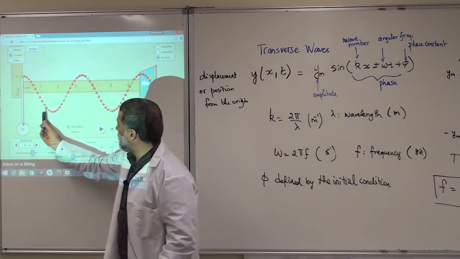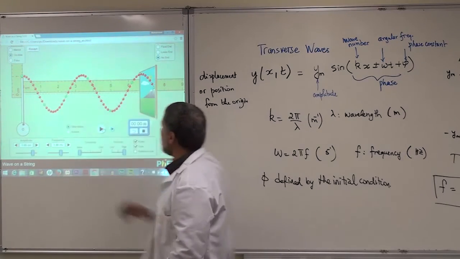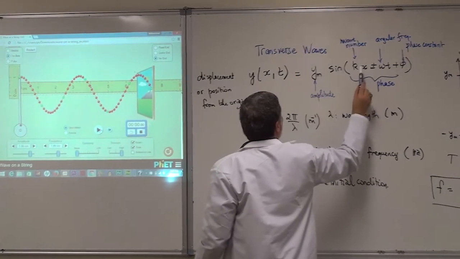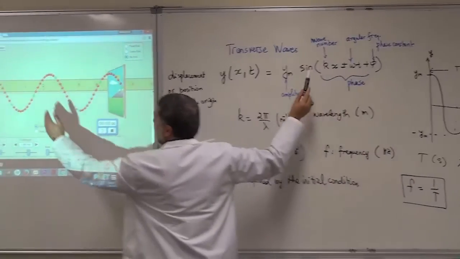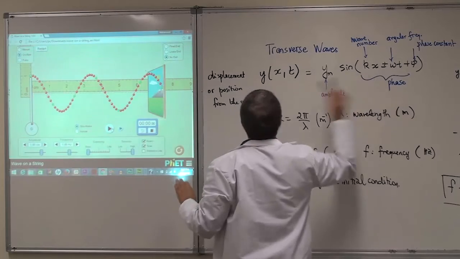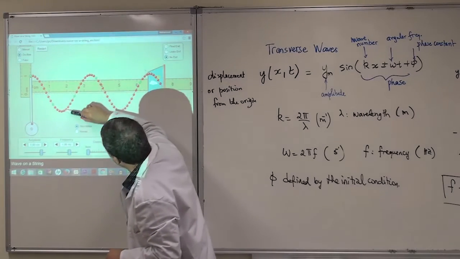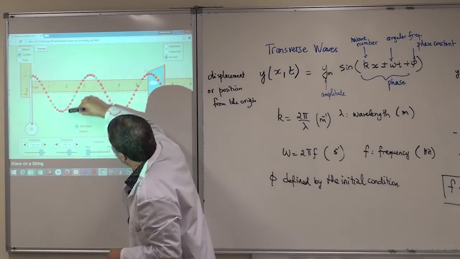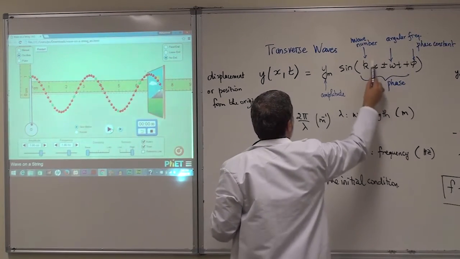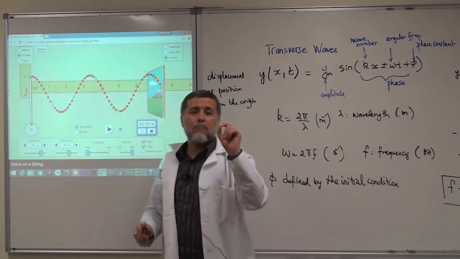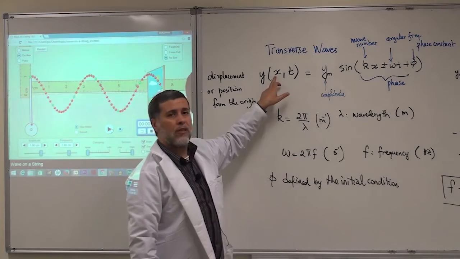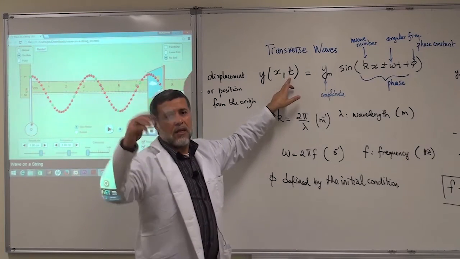So when I move from one particle to another, I'm changing the x. So x defines the particle for me. If I say x equals 2 centimeters, I go to 2 centimeters and look at this particle and how it's moving up and down. So x represents the particle we are talking about, and then t is varying.